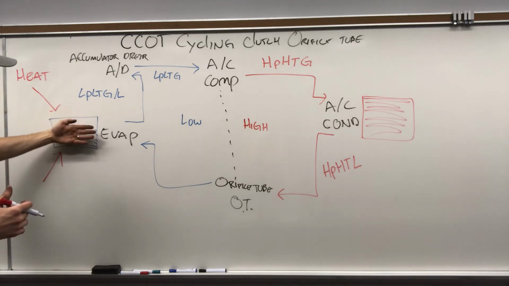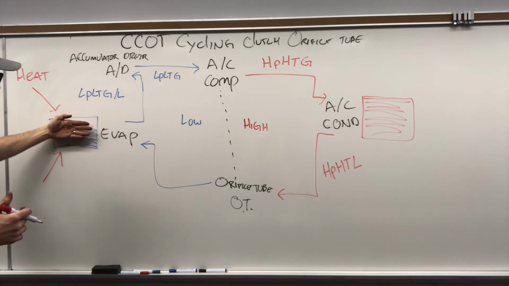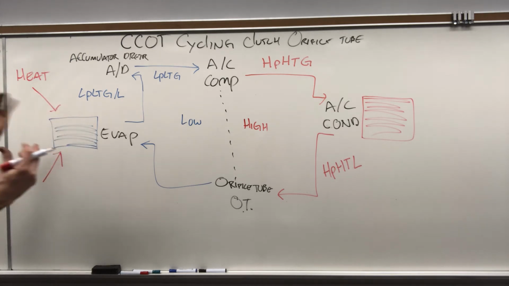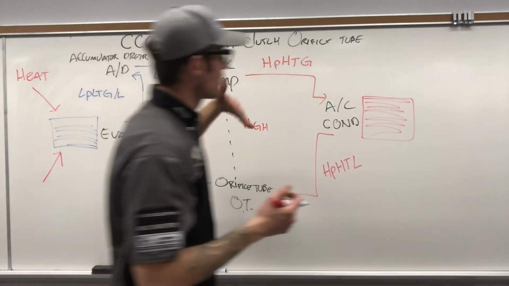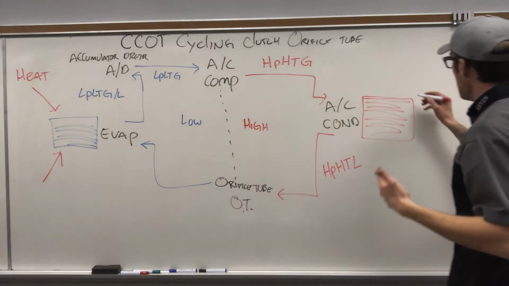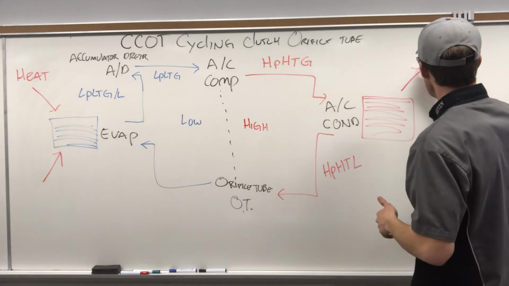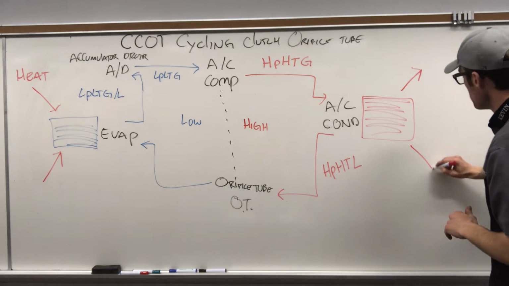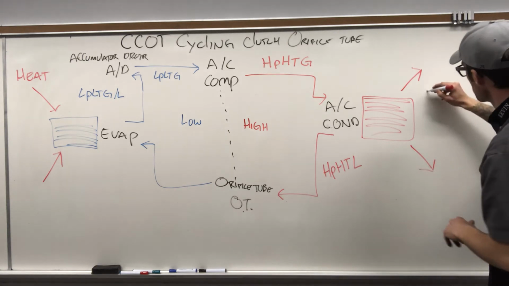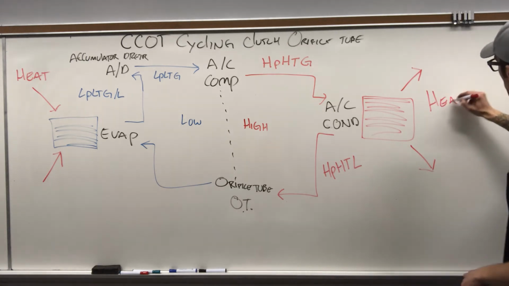So this guy is being filled with super cold refrigerant. It's going to attract moisture, it's going to attract heat. What's going to cause that to do those? The refrigerant is going to, in essence, get hot. So really what needs to happen is that heat that is absorbed in the cab needs to be released out of the condenser. So this will be heat release.